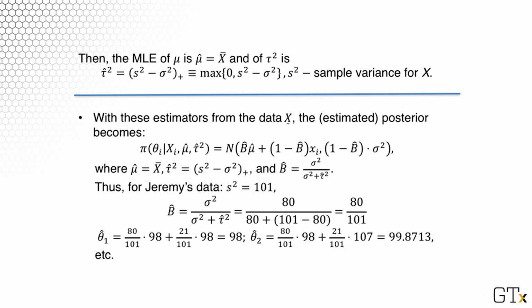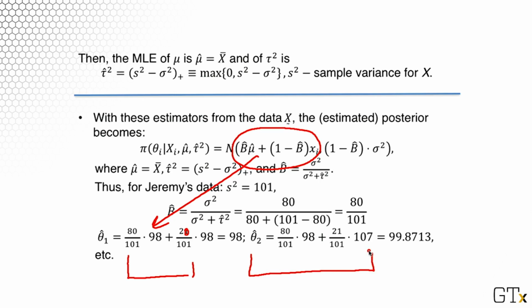Now what happens next? We find the Bayes rule, the Bayes estimator. For theta 1, we take the weighted average, with weight 20, between 98, which is x bar, and 98, which was the observation. For theta 2, we have the weighted average between 89, which is x bar, and 107, which is the observation.